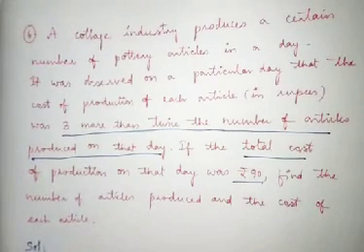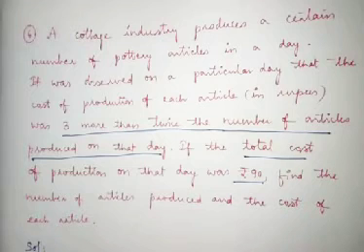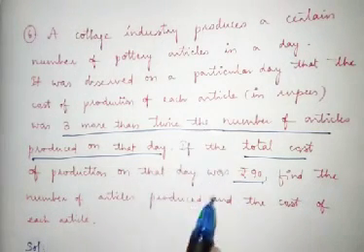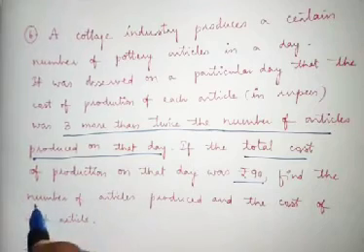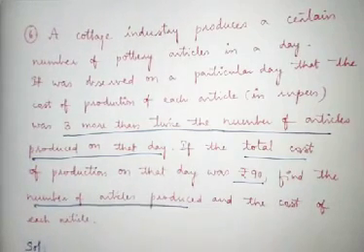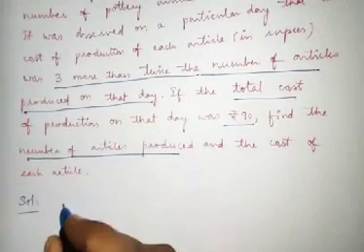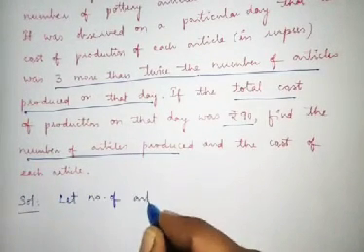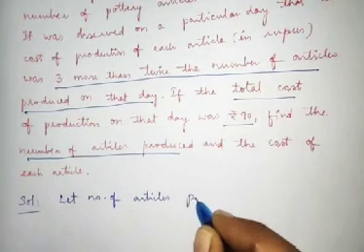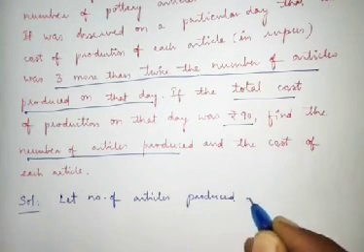So now what we have to find is the cost of each article as well as the number of articles produced. So let the number of articles produced be x.